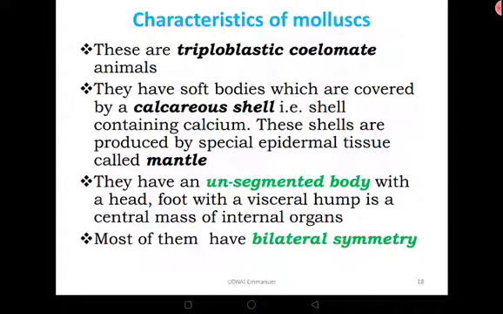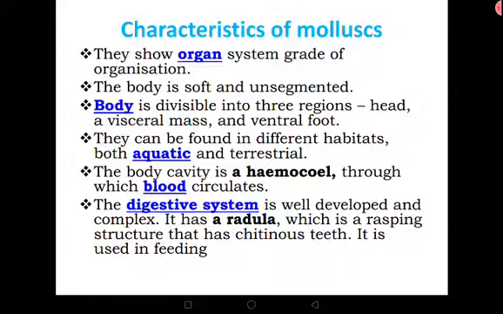Most of them you can divide into two equal parts or two equal mirror images, but others are asymmetrical, like the snails, as we shall see. They don't have any symmetry, but most of them have body symmetry. They show an organ-system grade of organization, meaning their level of organization is at organ level. They have organs.